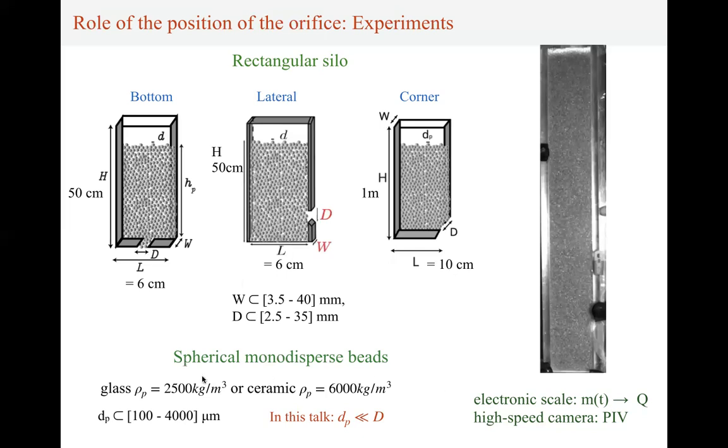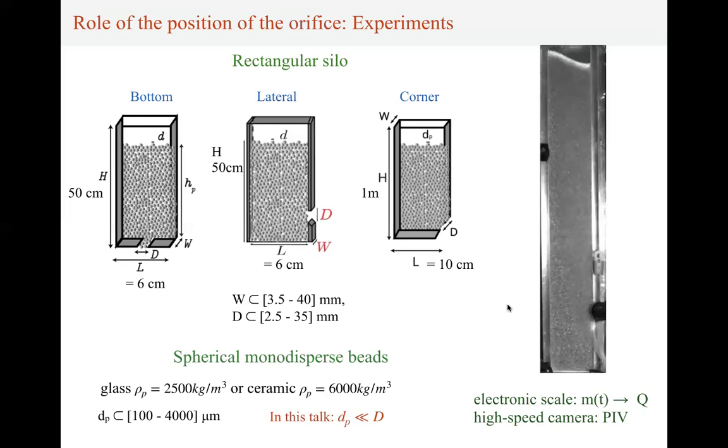We use spherical monodisperse beads, either glass beads or ceramic beads, and we also vary the size of the particles between 100 microns and 4 millimeters. But in this talk, I will only speak about small particles, because I don't want to speak about side effects, which are really interesting; today I will focus on what happens for small particles without any side effect.